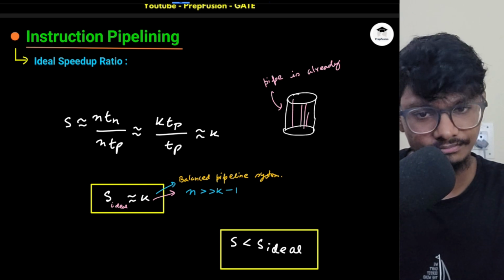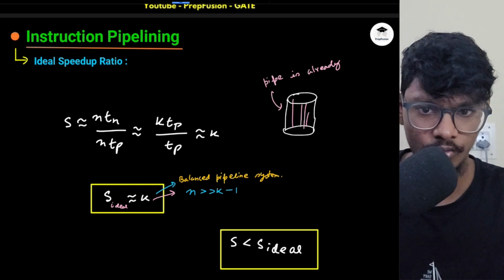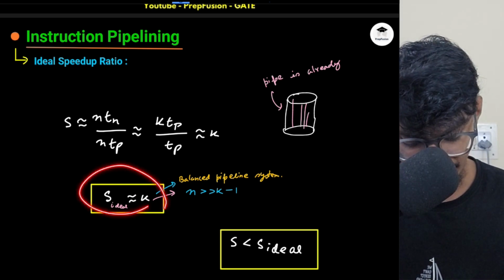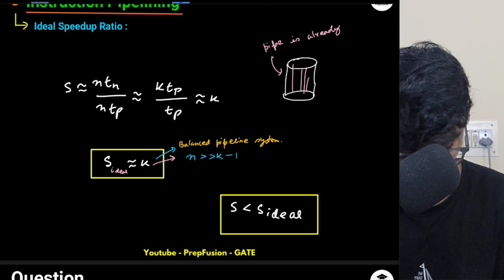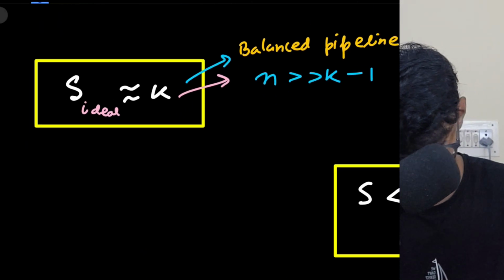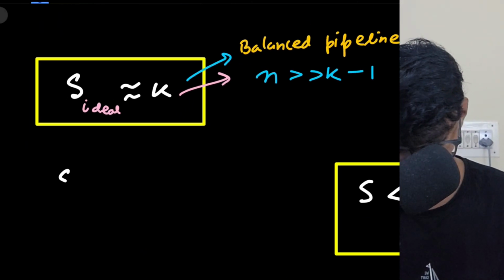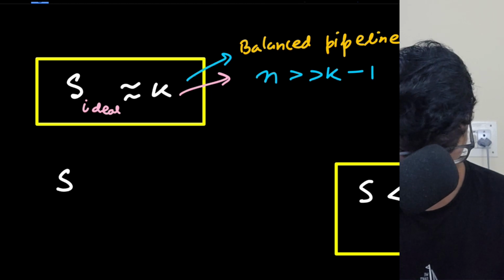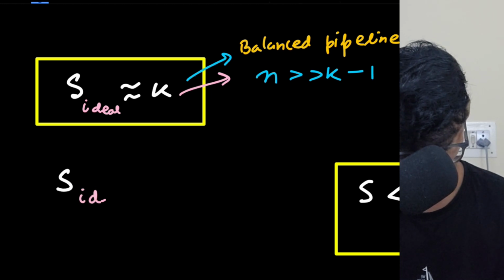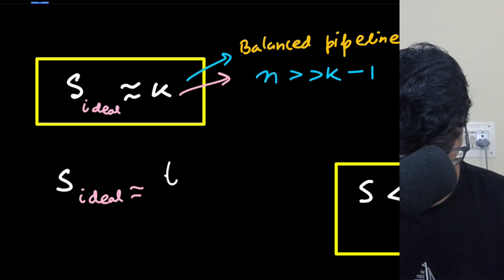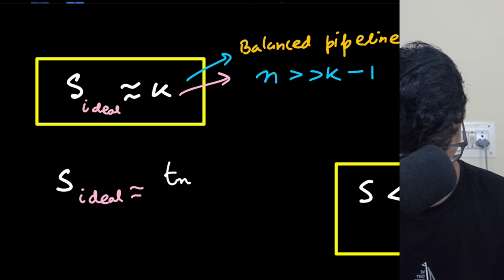Also, there can be two ways to go about S ideal. Sometimes S ideal can be equal to this, or S ideal can be equal to Tn over Tp. Okay, there are two things here, do remember.